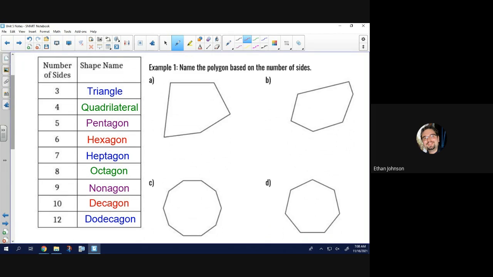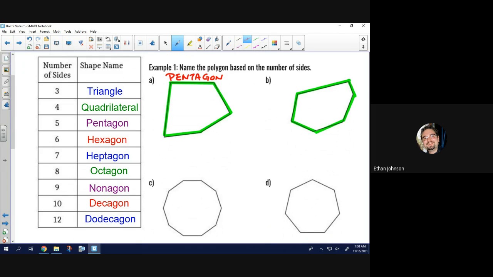So let's identify what these shapes are. Looking at example 1a, this shape has 1, 2, 3, 4, 5 sides. So this is a pentagon. B, well, let's count the sides again. So it has 1, 2, 3, 4, 5, 6 sides.